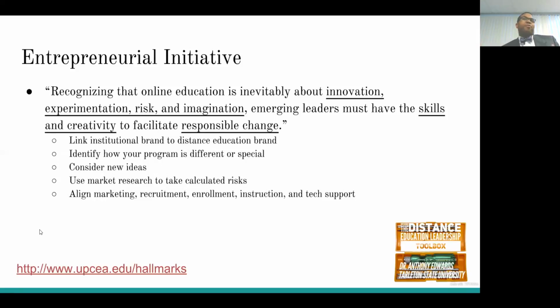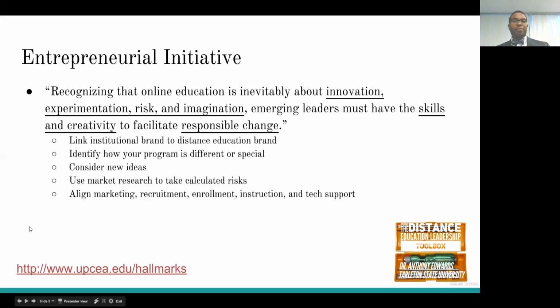Entrepreneurship is separate from management. With management, you kind of know what you need to do, and you're just going to enact those policies. Whereas being an entrepreneur, you have to be more creative and figure out what to do going forward to grow your business or grow your department, and it takes a lot of experimentation and risk taking.